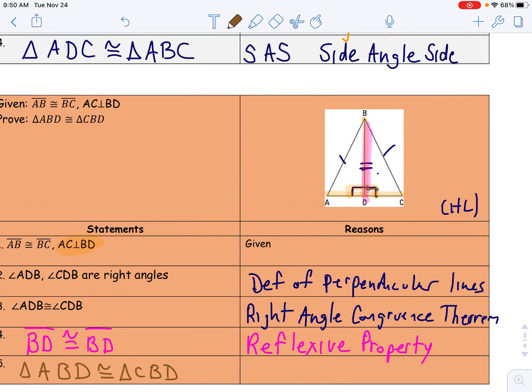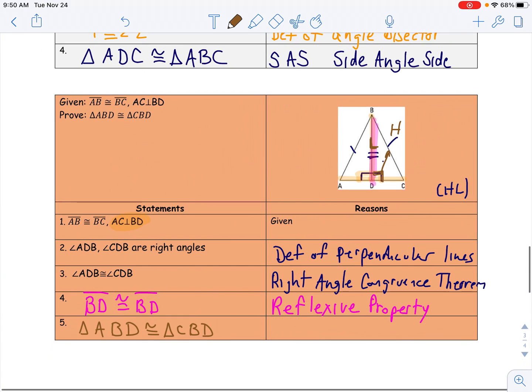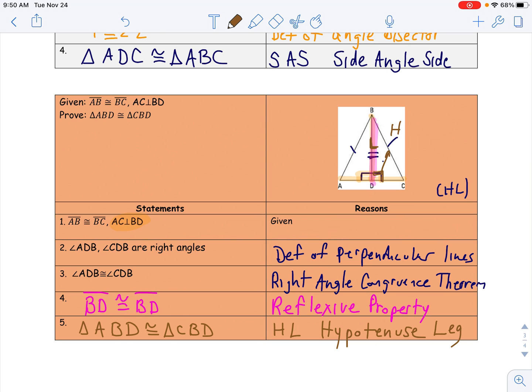And again, right triangles, hypotenuse is over here. It's opposite the right angle. Leg is that shared side. So hypotenuse, leg.